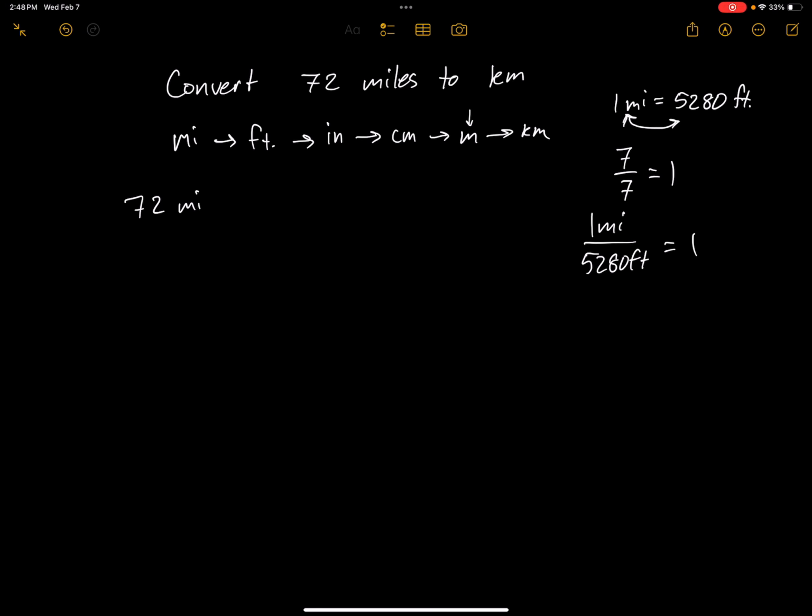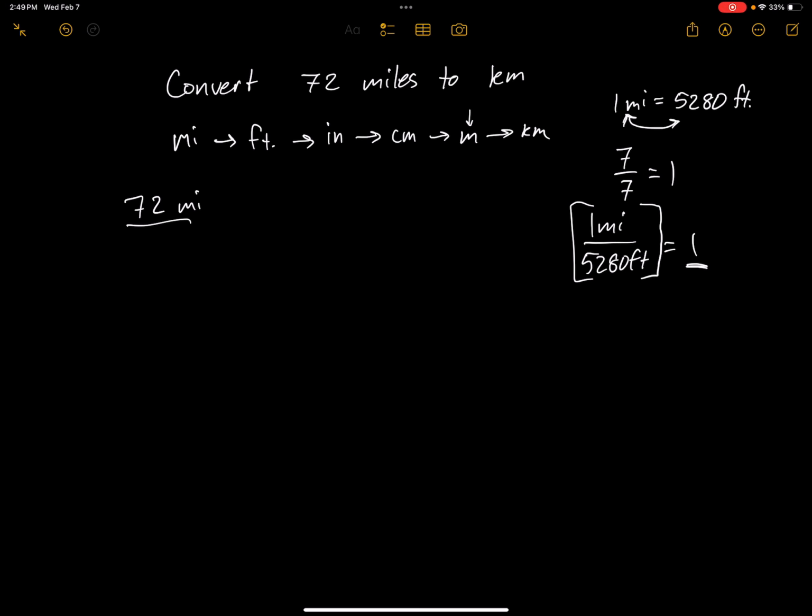Now, the reason that's important is because when you multiply 72 by a conversion factor like this, you're not changing the value, because you are only multiplying by a factor of 1. And when you multiply anything by 1, you just get that same thing. It just looks different. So I think about these less as conversion factors and more as translators. If you wanted to say hello in Spanish, you'd need someone to translate for you to say, oh, it's hola, right?